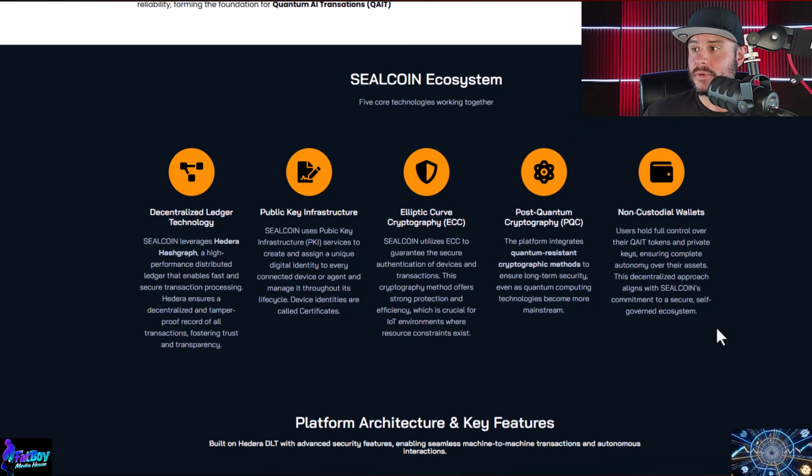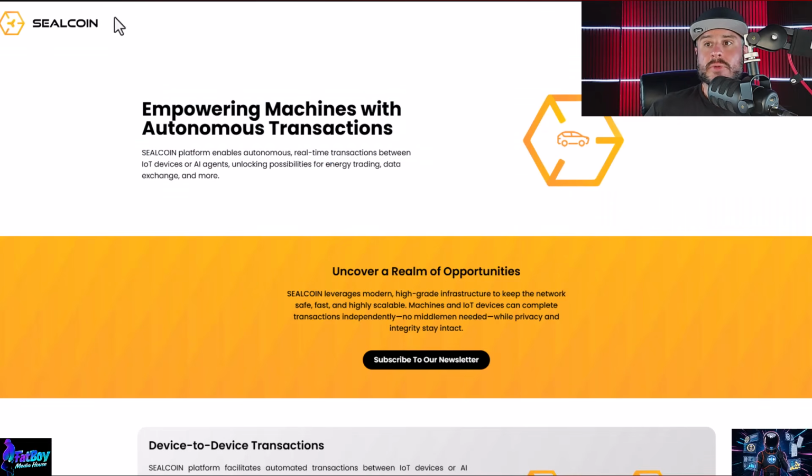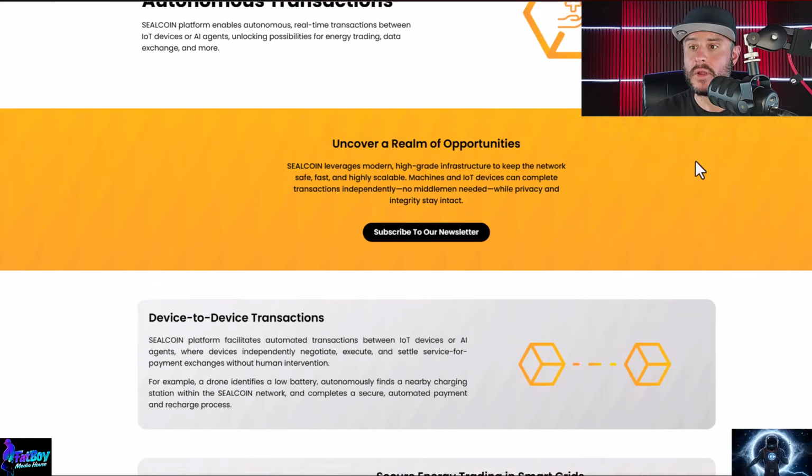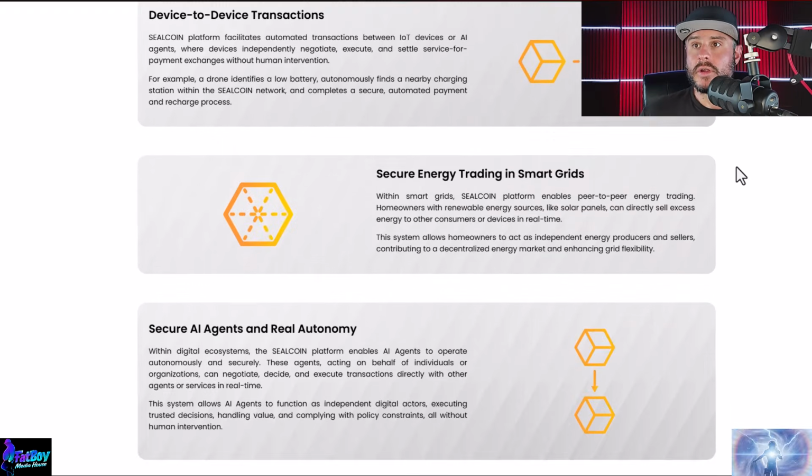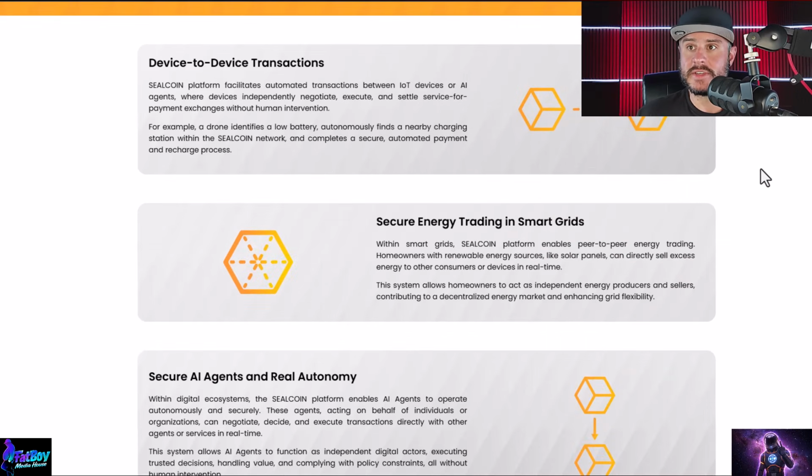The decentralized approach aligns with Sealcoin's commitment to a secure, self-governed ecosystem. And as we roll on, guys, here's a little bit more about Sealcoin. It says empowering machines with autonomous transactions. The Sealcoin platform enables autonomous real-time transactions between IoT devices and AI agents, unlocking possibilities for energy trading, data exchange, and more.